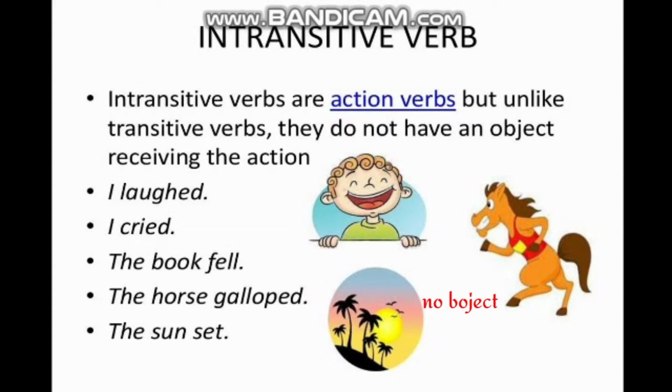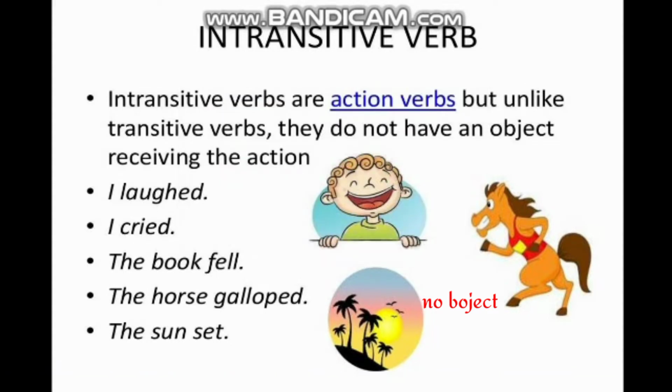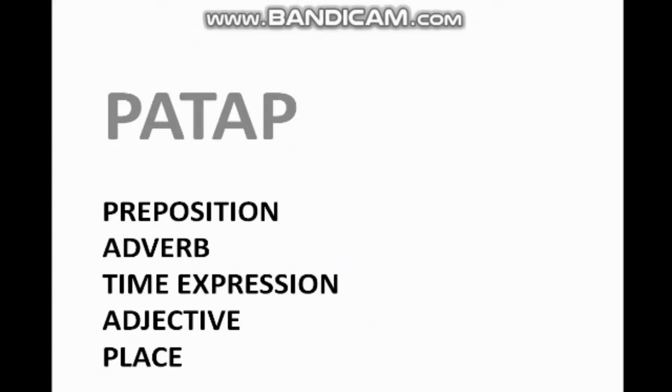I cried, the book fell, the horse galloped, the sun set. So here we don't have any object. We don't have any noun or pronoun after the verb. So these are intransitive verbs, verbs that do not have any object.